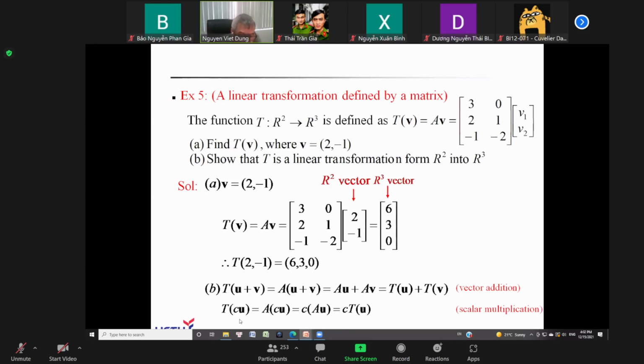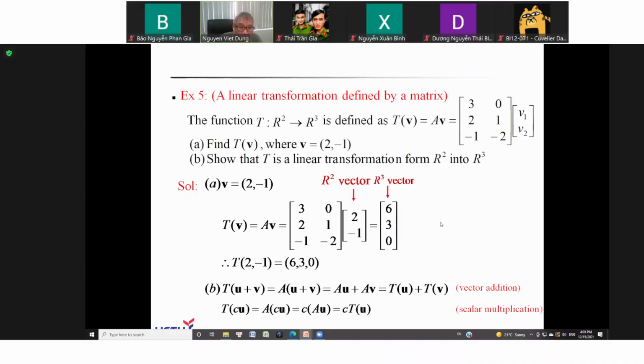The same thing happens with scalar multiplication, so we have T of CU equals C times TU. Those two axioms are satisfied, so we can say that T given like that is a linear transformation from R2 into R3.